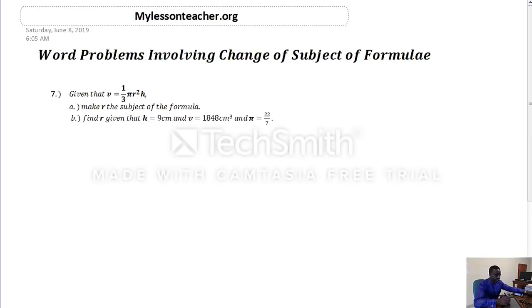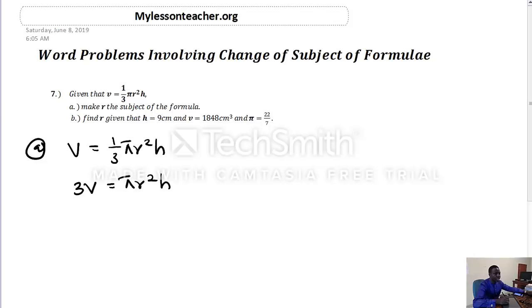Next equation says we should make r the subject of the formula from the given expression, and straight ahead we are going to do that. A, make r the subject of the formula. We have the expression to be v is equal to 1/3 pi r squared h, which we can simplify by cross multiplying, and that will give us 3v is equal to pi r squared h.